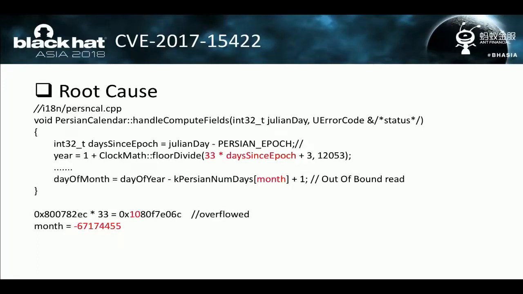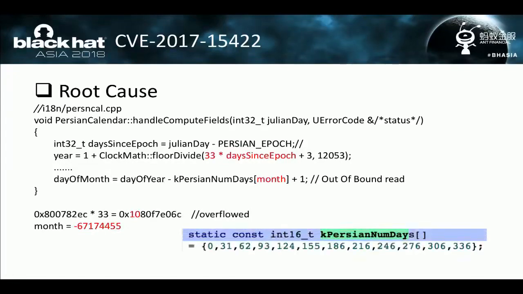So the month calculated is a very big negative, but the kPersianNumDays array has only 12 numbers. So the index month will overflow very much. We access kPersianNumDays[month], which will leak the memory of the process.